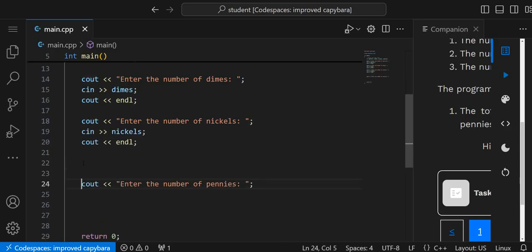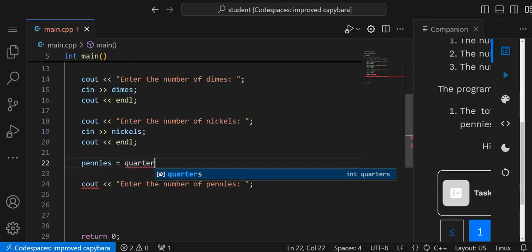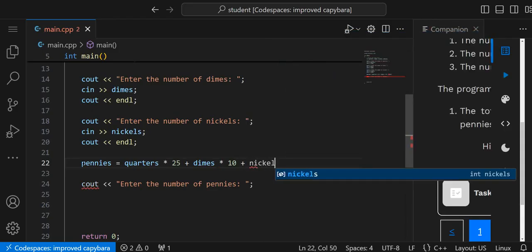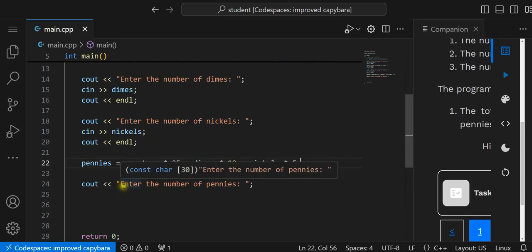But before we do that, let's add here pennies equals quarters times 25 plus dimes times 10 plus nickels times 5. Right, and then the change in pennies.